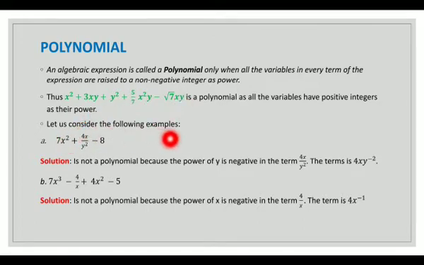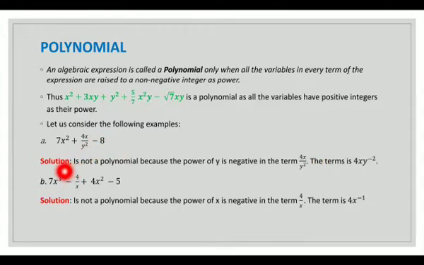Let us consider the following examples. 7x square plus 4x upon y square minus 8. Is this a polynomial or not? We have to check it. Solution: it is not a polynomial because the power of y is negative in the term 4x upon y square. The term is 4x y raised to minus 2.